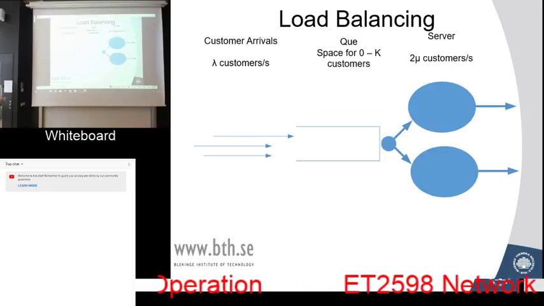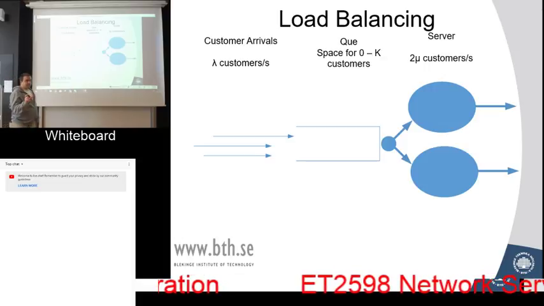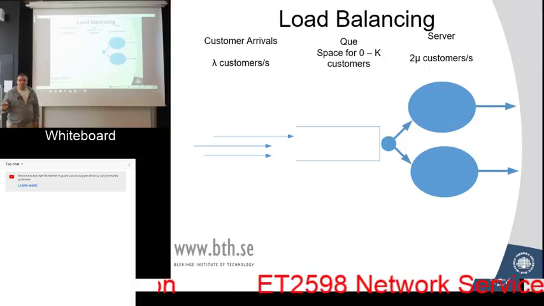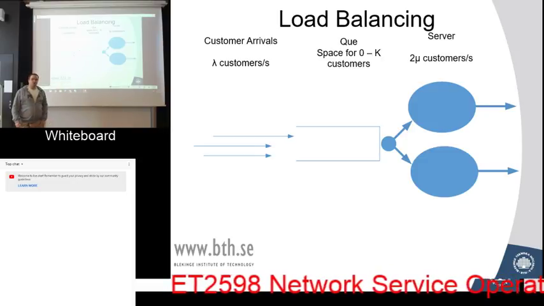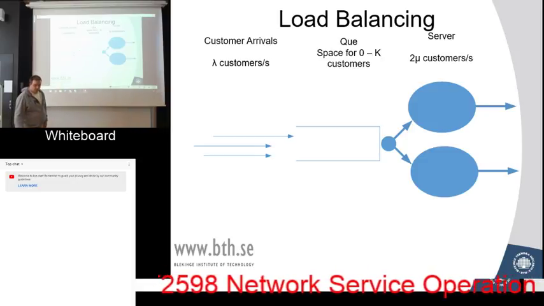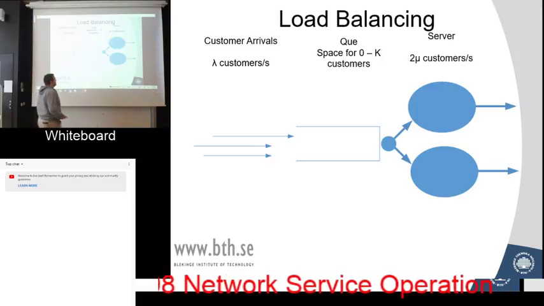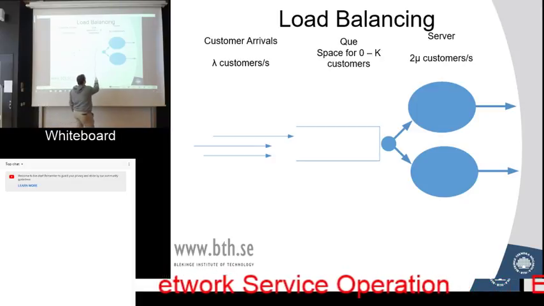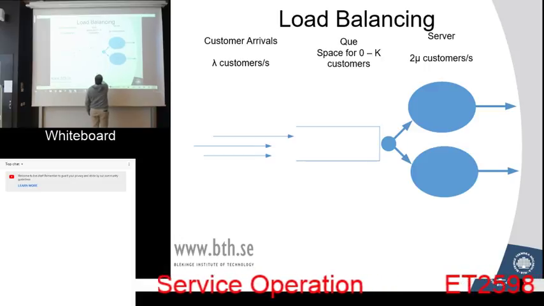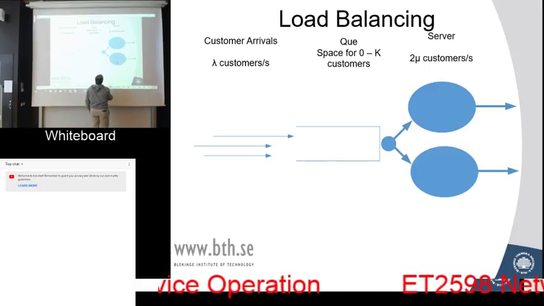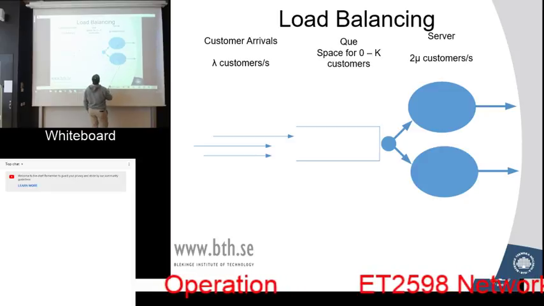So instead of having one server, we now have 2 servers that are drawing customers from the queue. So the first customer comes here, being pushed over here. Next customer comes pushed down here, being served, and then they're pushed out.